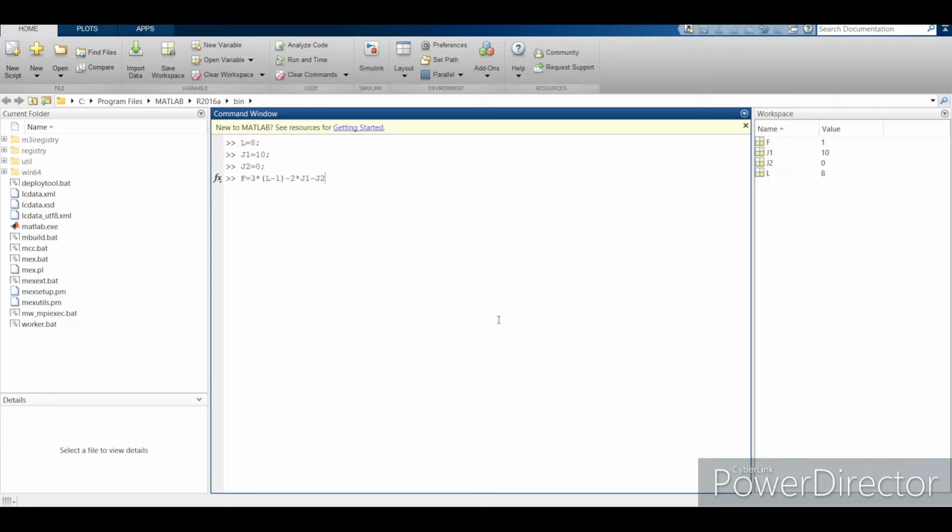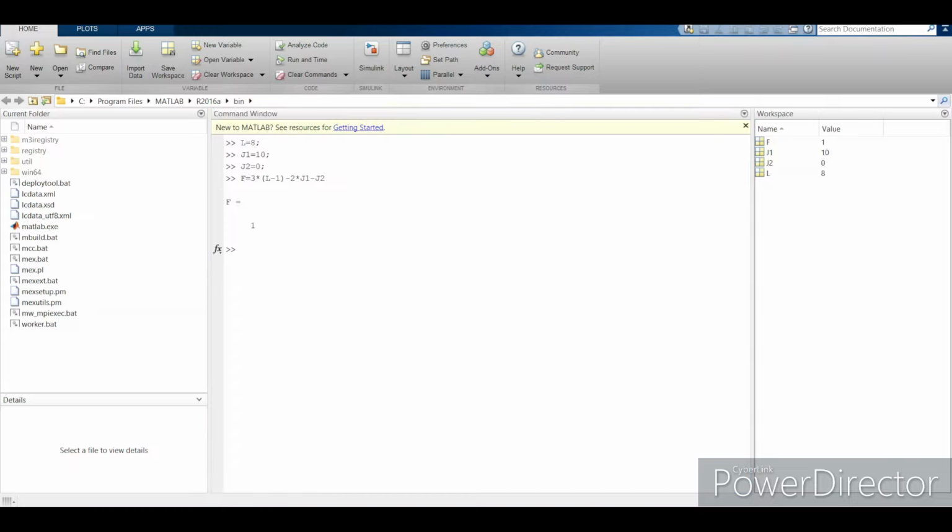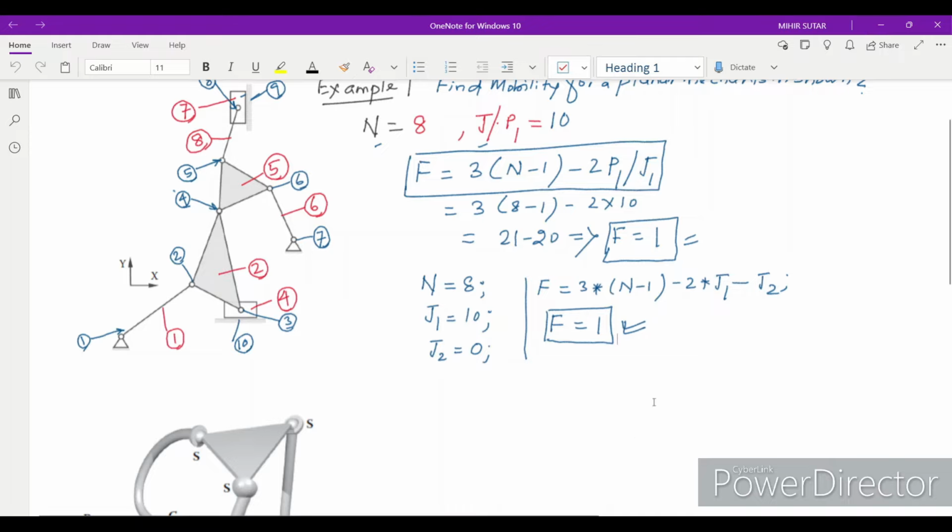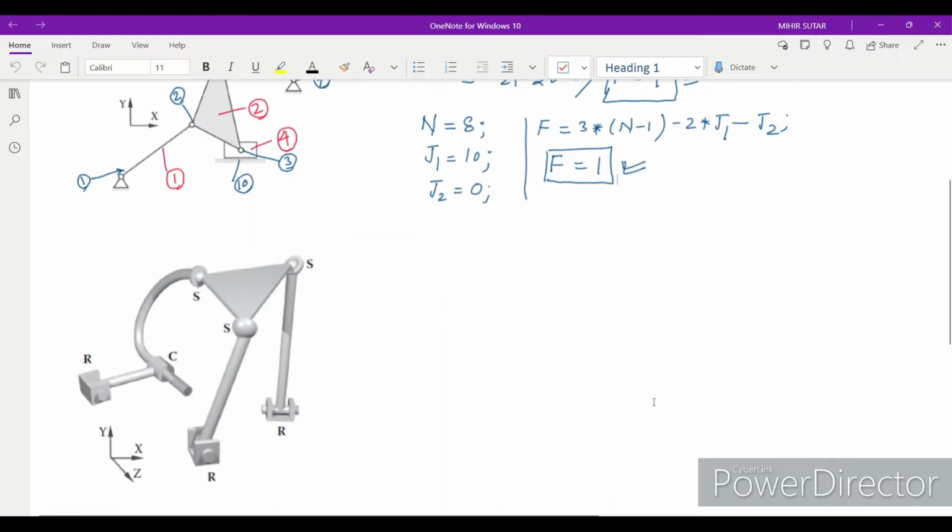Now if you calculate, it will give you mobility equal to 1. You can see here. So in this way you can calculate the degrees of freedom of any complicated mechanism using MATLAB, which is very useful. I have shown you this simple example. In this way you can solve any kind of problem.